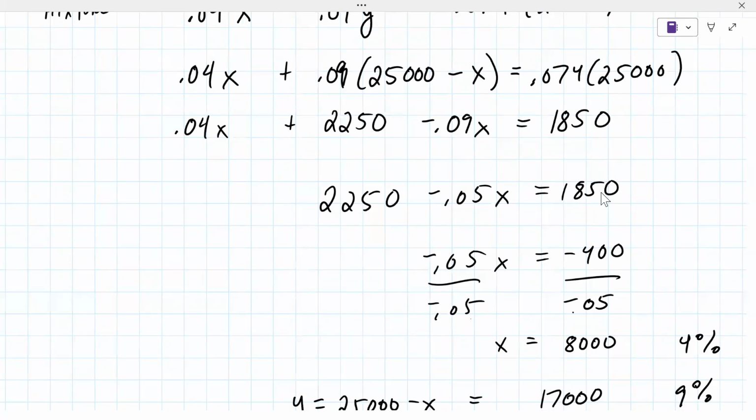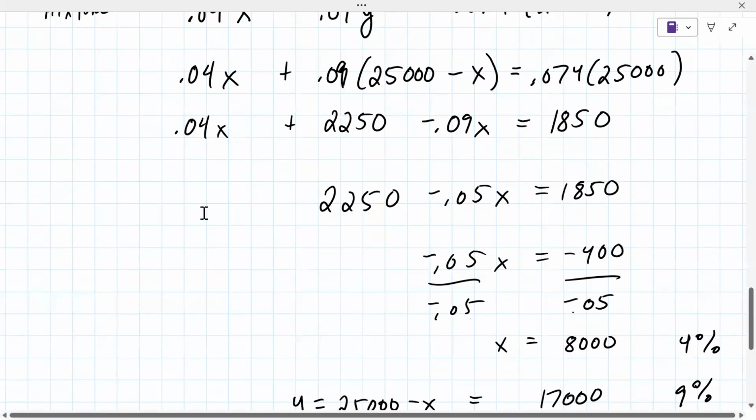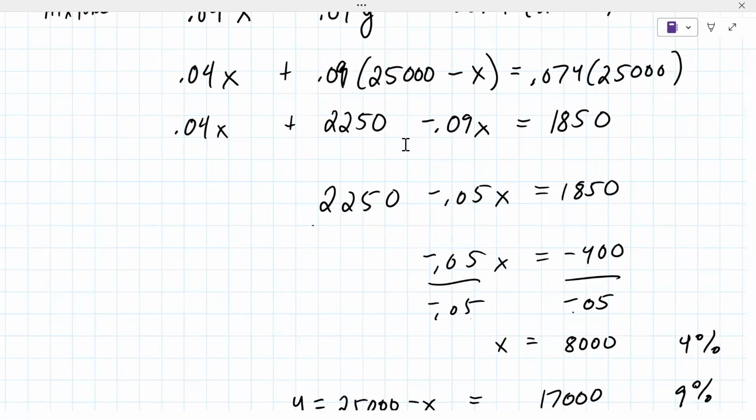Did you subtract 0.04x from it? Yeah, because I was writing just 0.9. Okay, wait. So minus 0.09.